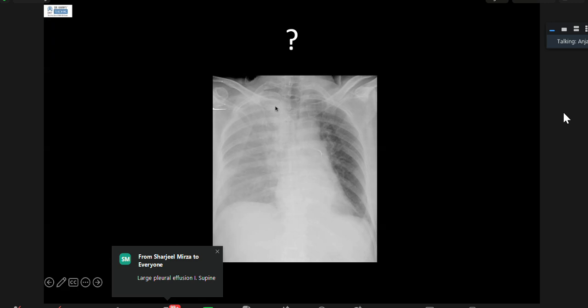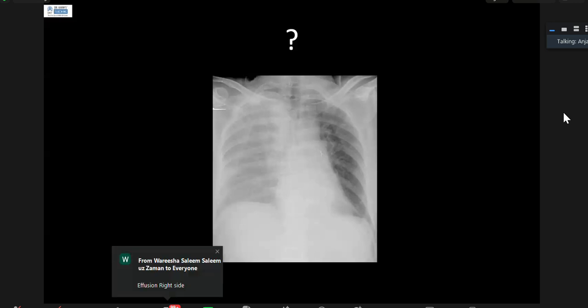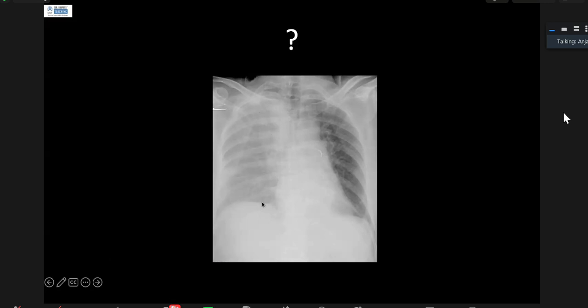So just like how we saw that pneumothorax has a different distribution on a supine X-ray, on a supine film, pleural fluid also distributes differently. It's a bit harsh on you because I don't think I can see the mark supine on this X-ray. So this is effusion on a supine X-ray.